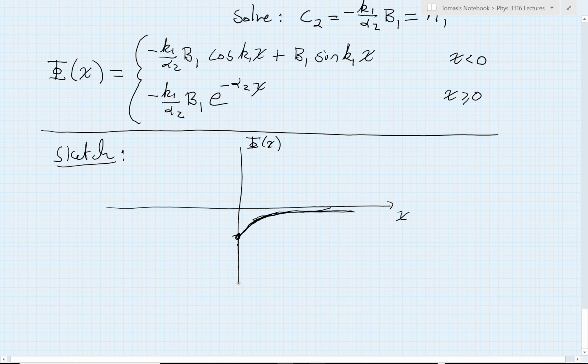Now, if we want to make a sketch of this type of thing, we want to be careful at locations where you join your solutions together, right? We have a theorem that tells us that whatever the wave function is doing on this side, which is just these sines and cosines, it has to join up continuously and hit this point at x equals 0. But it also has to match the slope.